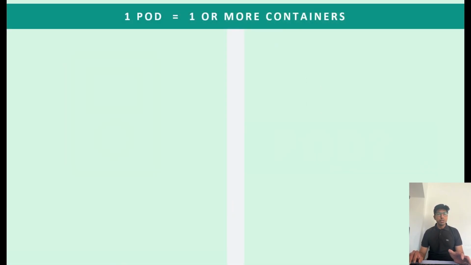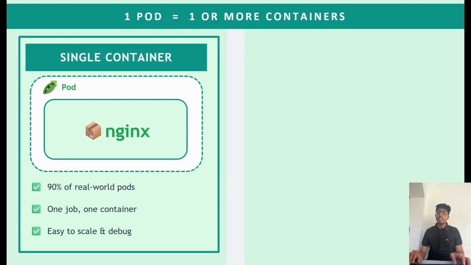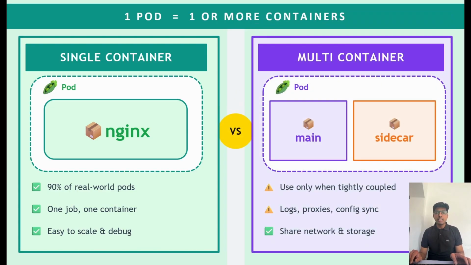Now, as I told you, a pod can have multiple containers. A pod with one container is nothing but a single-container pod, and a pod with more than one container is nothing but a multi-container pod. As a standard, most of the pods are single-container pods. Like 90% of your real world pods are single-container pods.